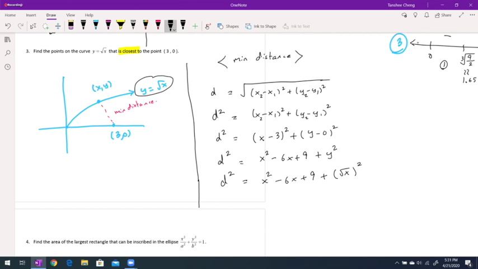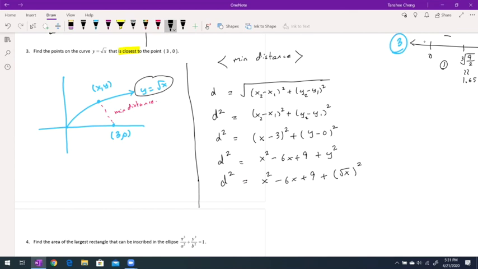So I'm going to use implicit differentiation to take the derivative with respect to x, because now the distance is a function of x. You can see that, right, if I take the square root on both sides. Once we take the derivatives, we're going to find the critical numbers. And then as usual, we're going to test using the first derivative test to find the local maximum and local minimum.